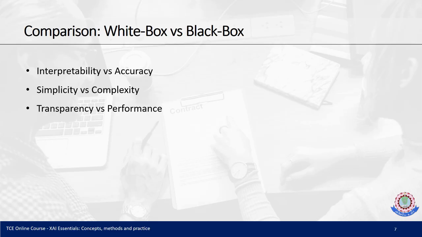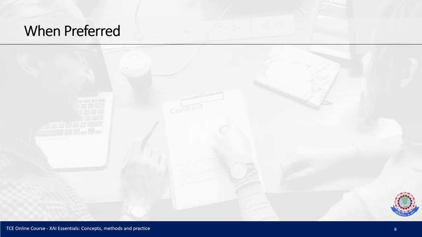But if we are recognizing faces in images or translating languages, black box models are often unavoidable because accuracy matters there. This is why explainable AI exists, to bring transparency to powerful black box model systems.